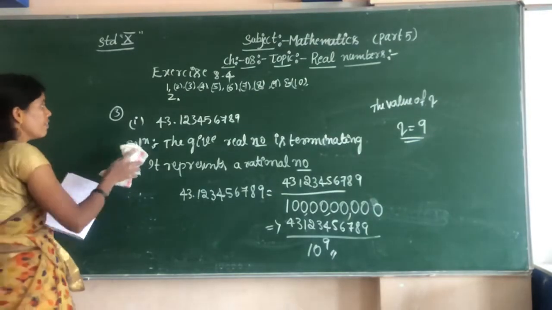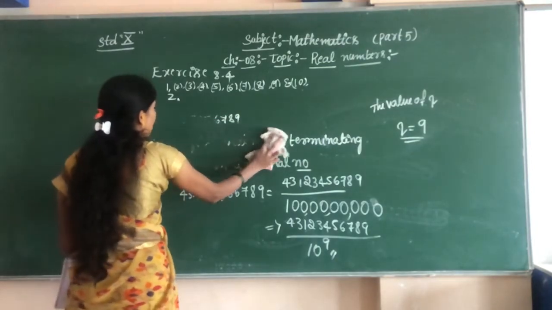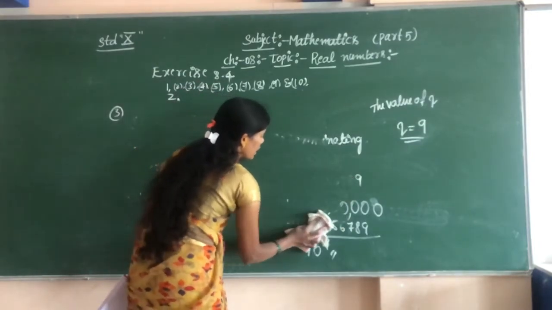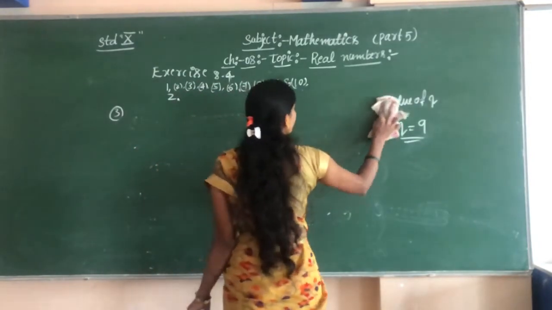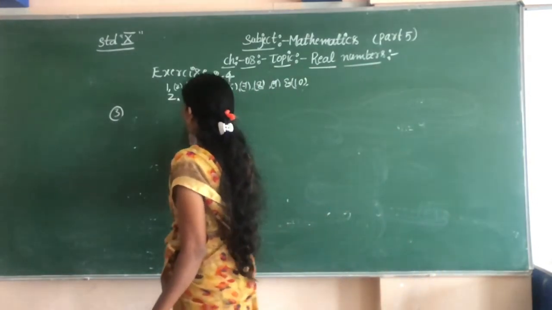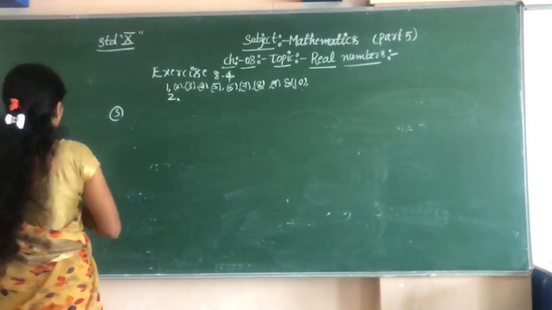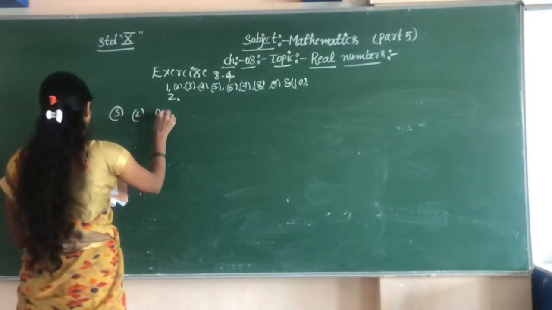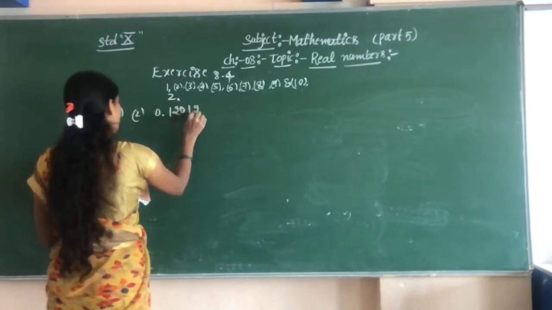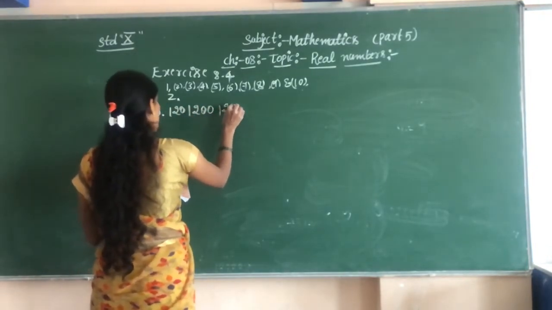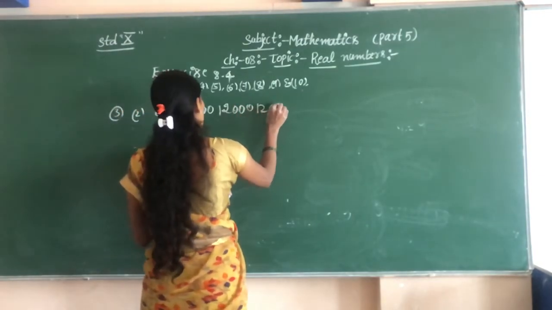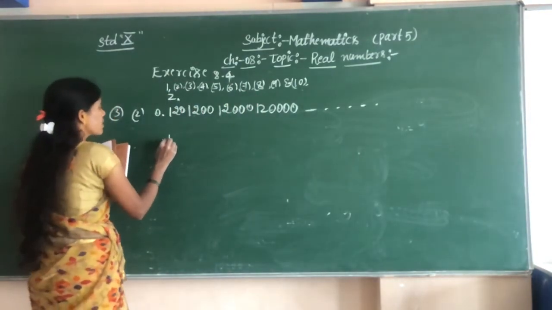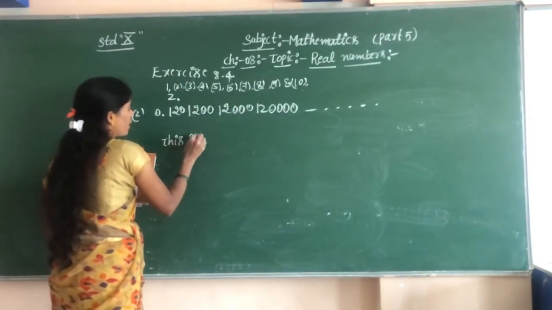Second one: the given real number is uncountable, so the number is non-terminating, because the number is uncountable. Second one is 0.1201201200120000... This is countable, this is uncountable.